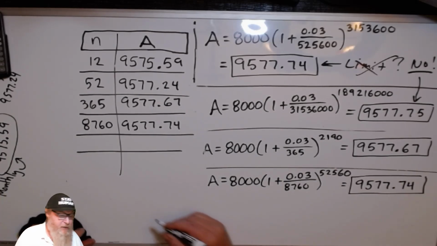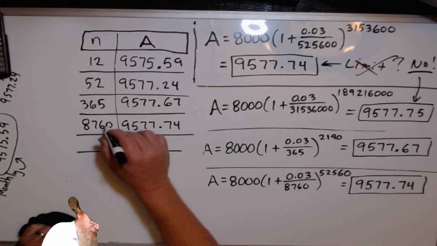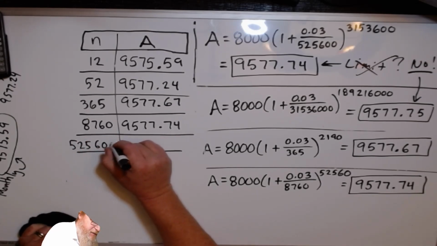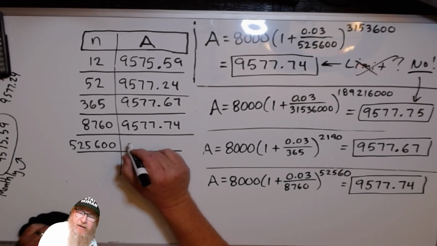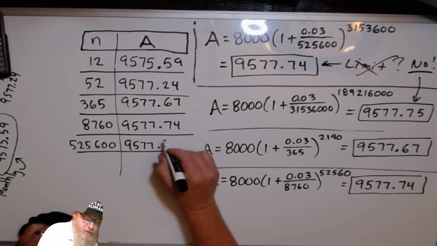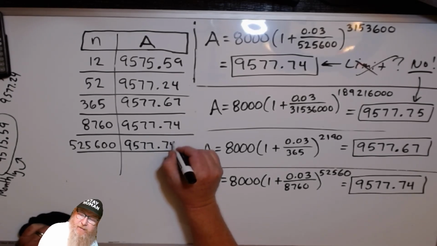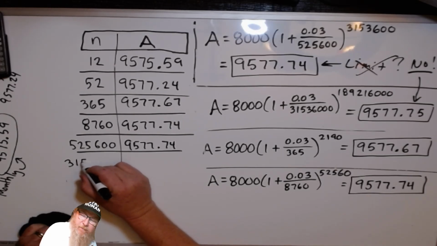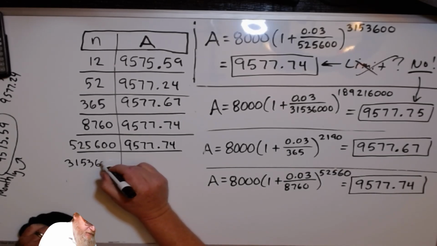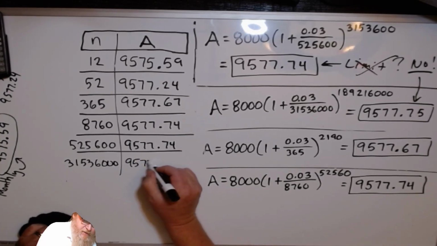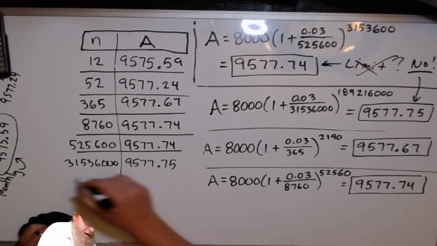What was minutely? This was hourly. Minutely was 525,600. That got us 9,577.74, and then secondly, 31,536,000 got us 9,577.75.